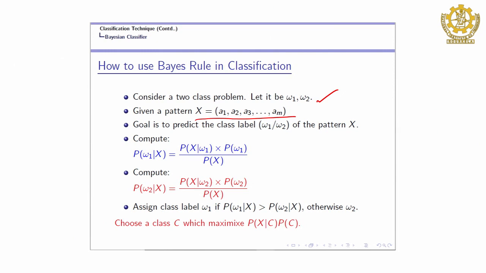So, x is A1, A2; x is an object, and A1, A2 are the values of those features. Then what you have to do? You have to find the class level of x. What will be the class level of x using Bayes rule?